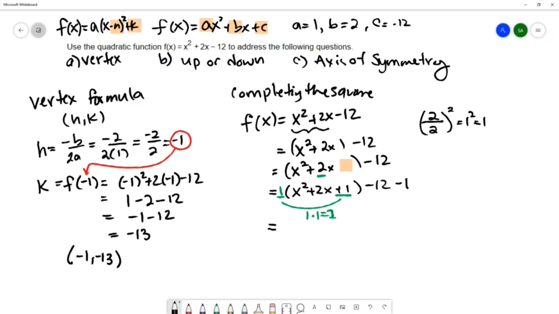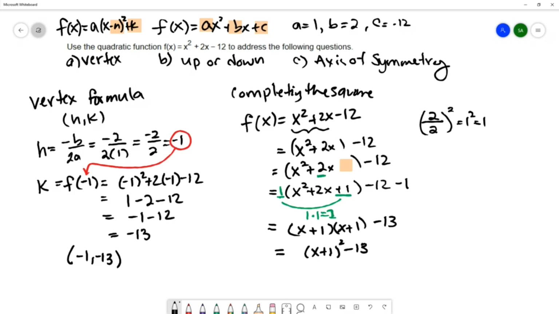So now I'm ready to factor what's in the parentheses. In the parentheses, this factors to be x and x. 1 times 1 is 1. Positive 1 plus positive 1 will give me a positive 2 in the middle. And then negative 12 minus 1 is negative 13. The (x plus 1) times (x plus 1) becomes (x plus 1) squared.